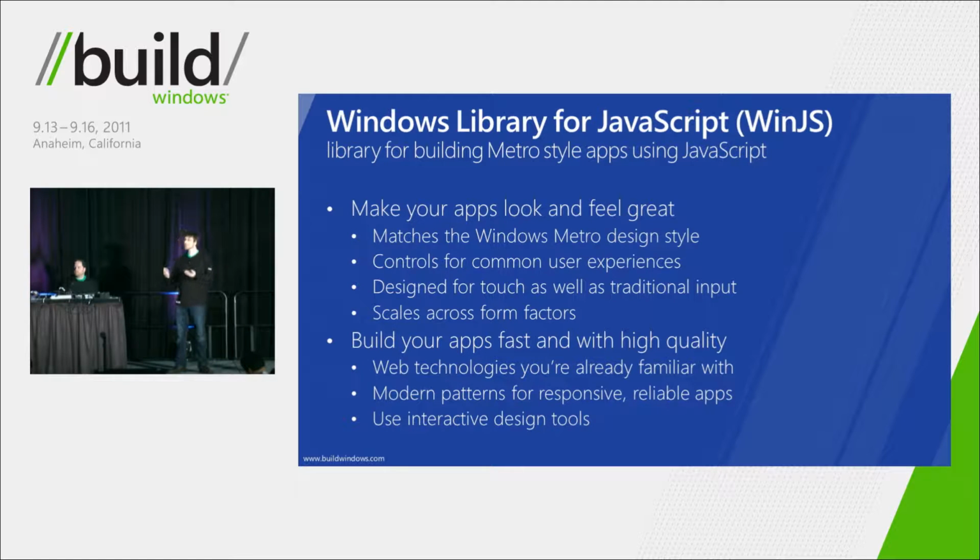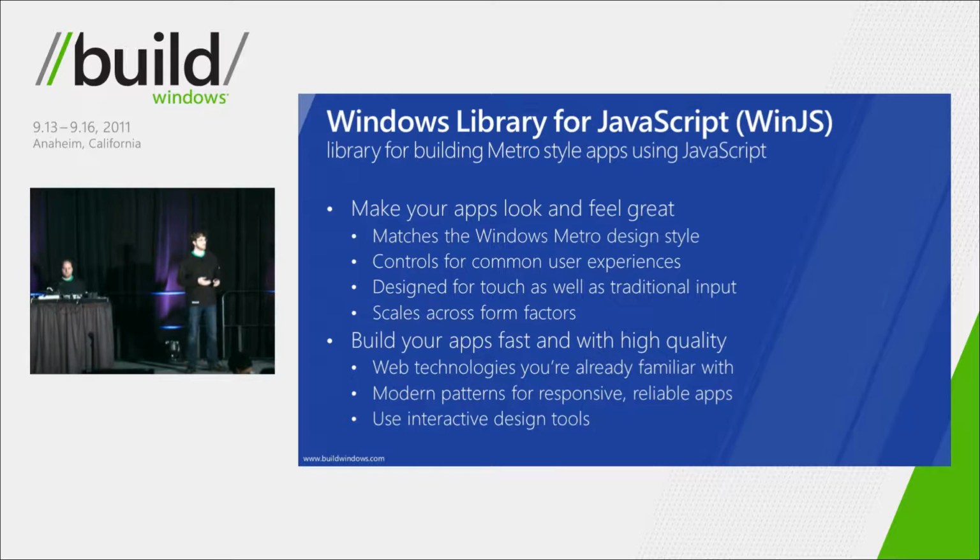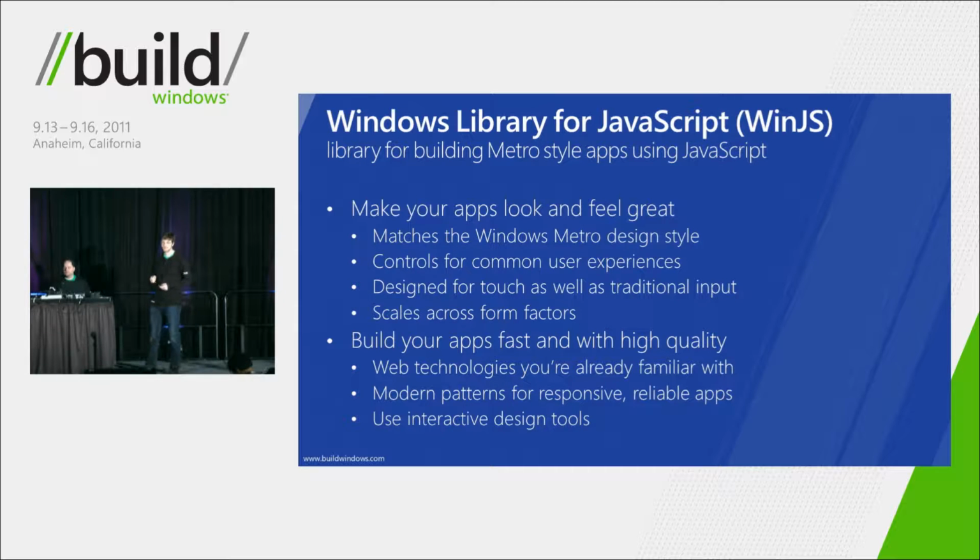WinJS is really a number of things, but it's a good way for you to write your apps because it gives you so much when you start. It has all these styles that make your app look and feel out of the box like a Metro-style app, just some CSS files you include, which do a few things, right? They recolor things a bit for you to give it that Metro look, but they also will do things like make your buttons big enough so people's fingers can actually touch them, which is important for our platform.